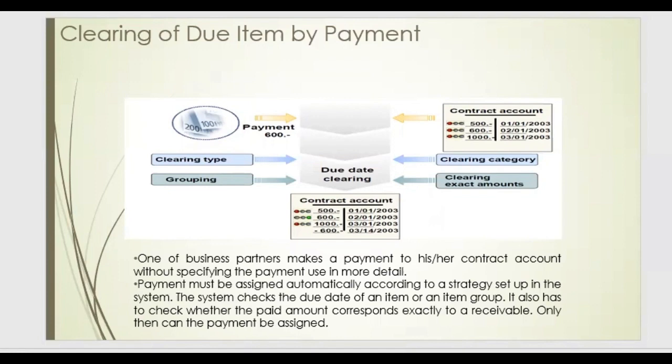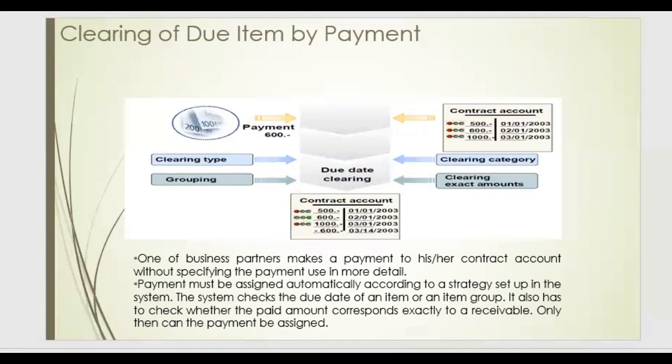If the payment does not happen within the due date, then different conditions arise. This due date is linked to your clearing type, which we define at the contract account level, and it is also linked to the clearing category.